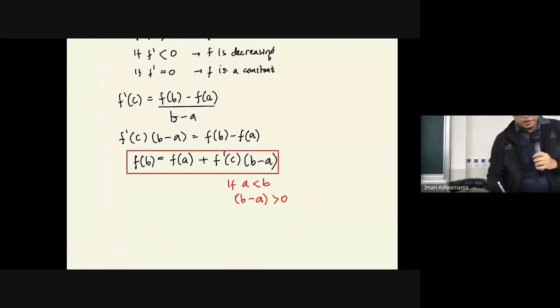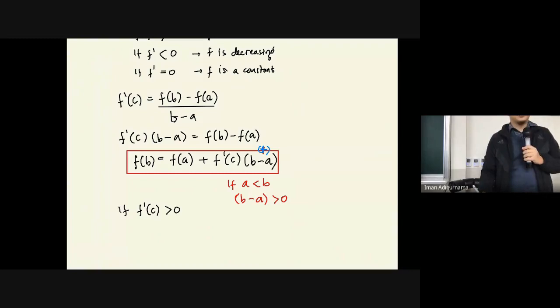Let's say b minus a is always positive. So if f prime c is positive, then you can say f of b is greater than f of a.